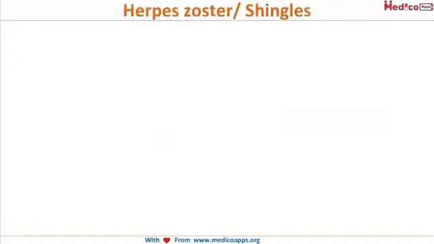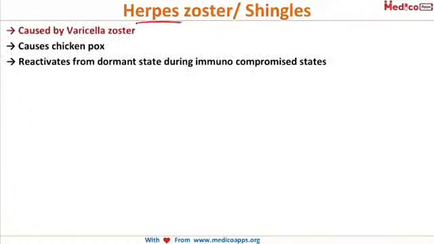Let's look at the herpes zoster that affects the eye. We know that herpes zoster is the name of the disease, whereas the virus causing this disease is varicella zoster. We are familiar with this, that it causes chicken pox when we are young. Most of the children get chicken pox, and this virus remains dormant within the nerve roots, and whenever there is an immunological compromisation, this virus reactivates from its dormant state.